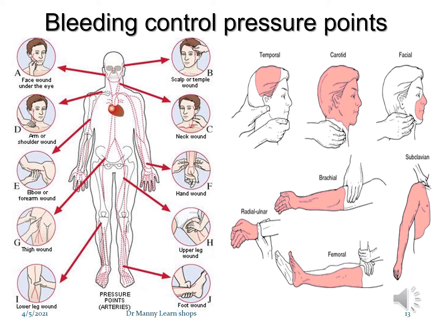But typically, this is where you can feel a pulse. These are pressure points, and this will control the bleeding until you can get to advanced life support or basic life support in the form of a doctor or an emergency department.